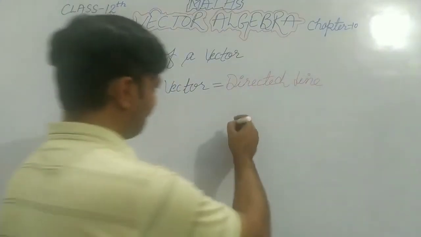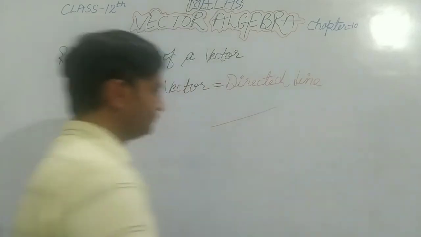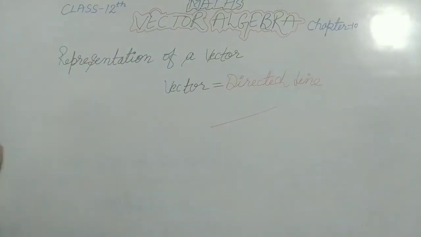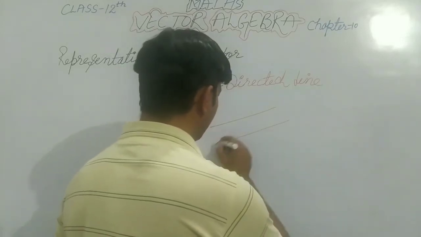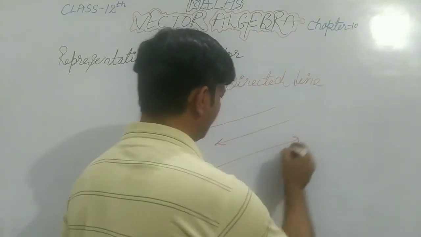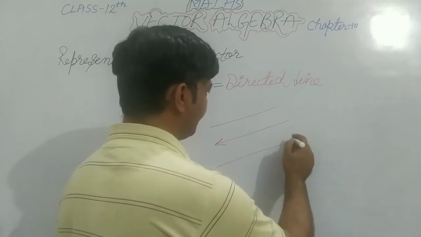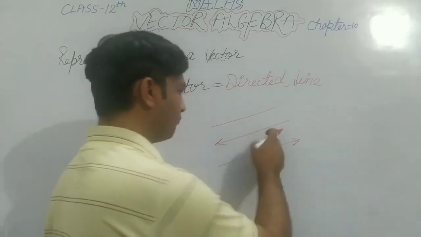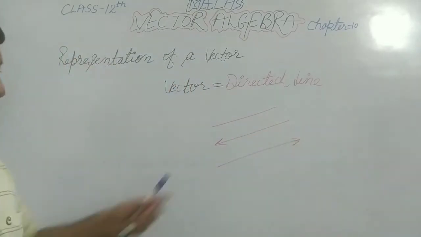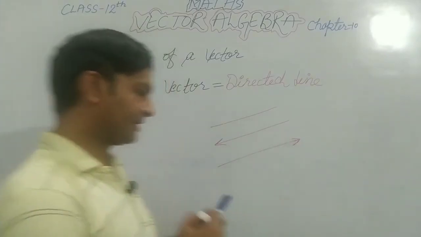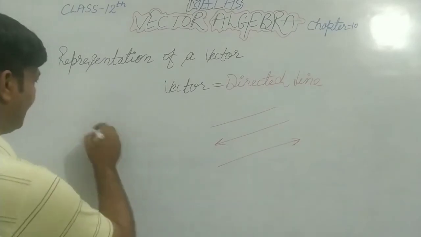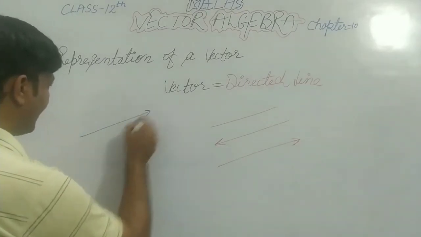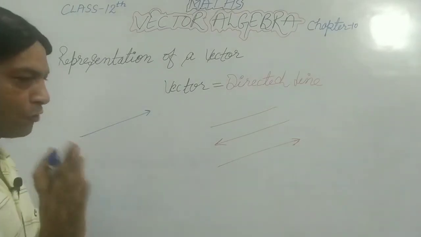We have a line, but if we take a directed line, we have two directions. One directed line has one direction and the other directed line has the other direction. So if we take a directed line, there are two points here.